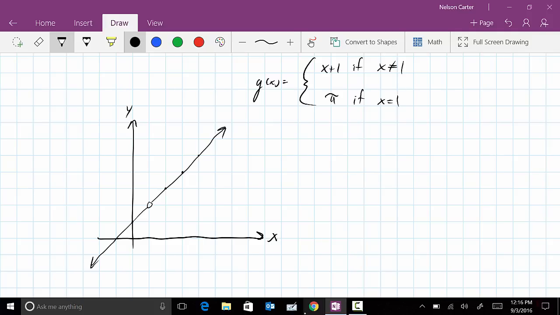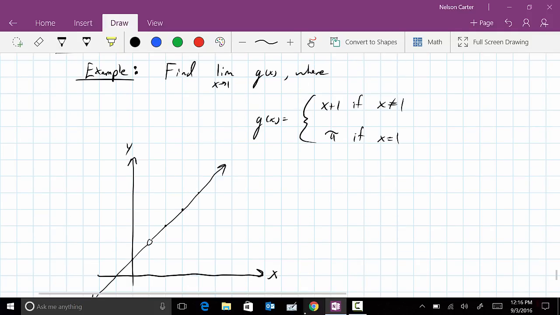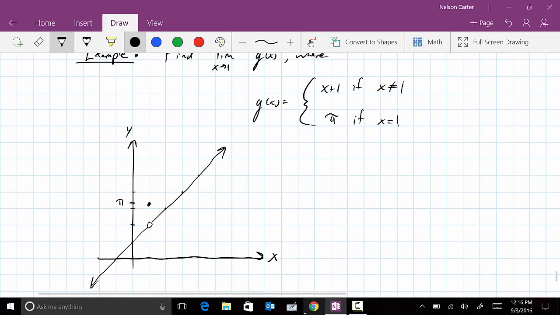Okay, and then it's got a hole at 1, but at 1 it's actually equal to pi. So this y value would have been 2, but it's actually going to end up being about 3.14159265, etc. Okay, so I'm just going to put this as pi. All right, so that's what this function is going to look like.